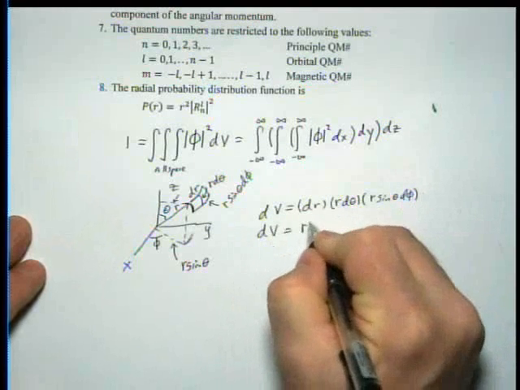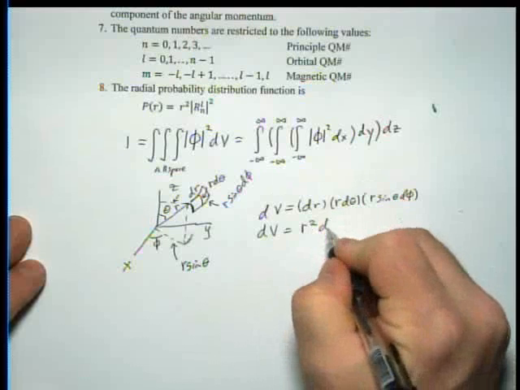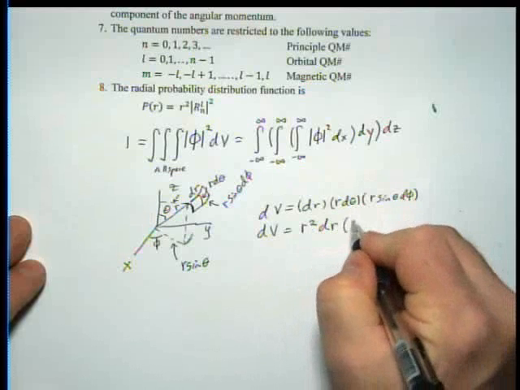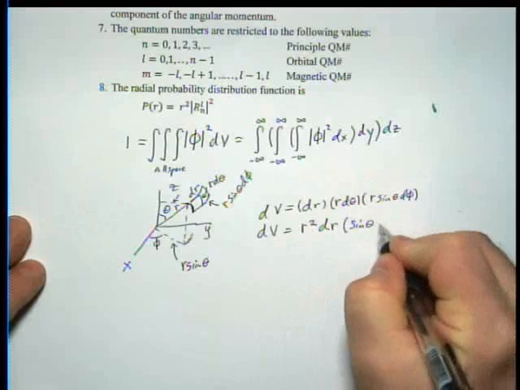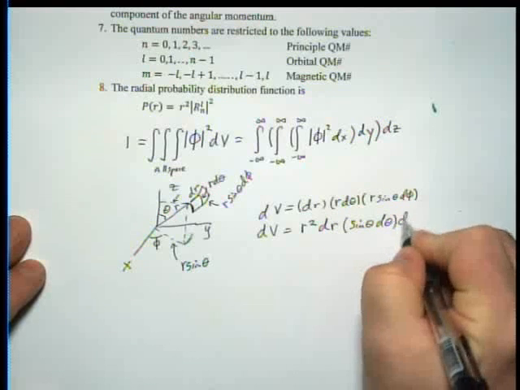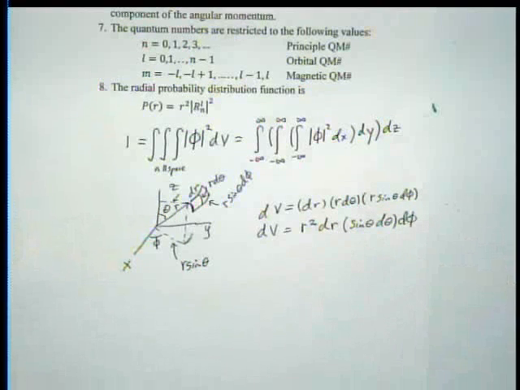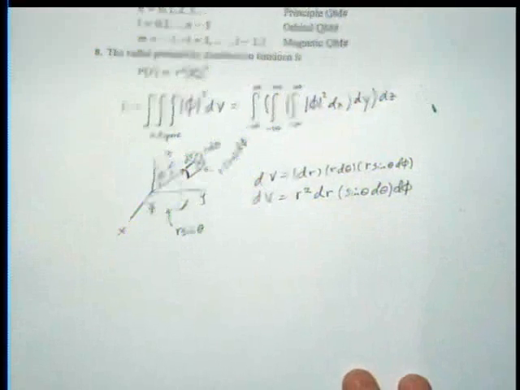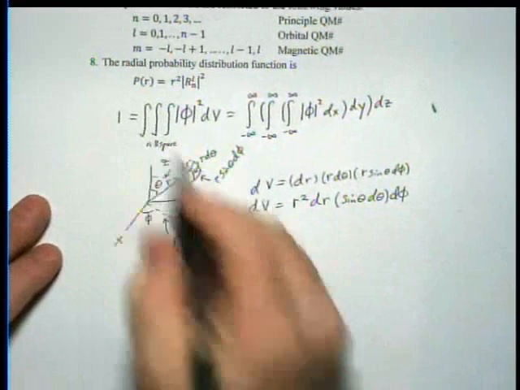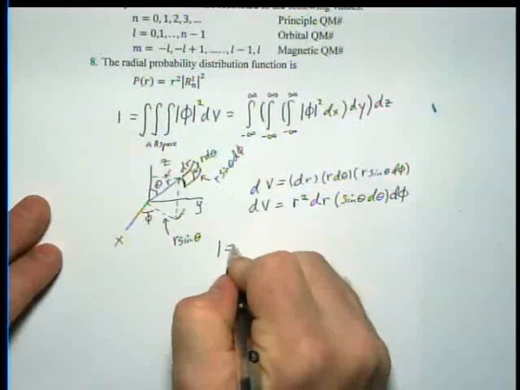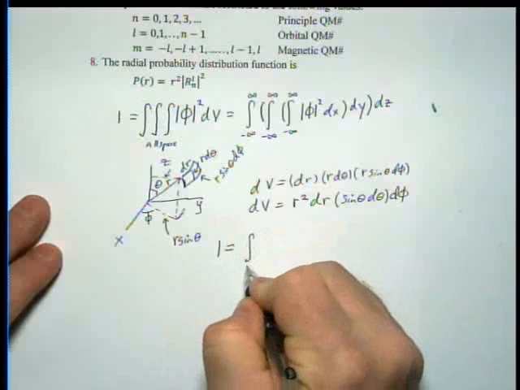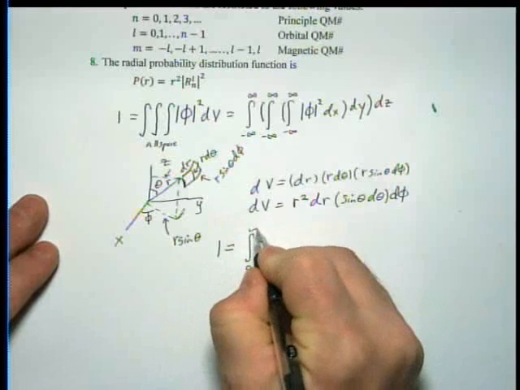So it's r squared dr sine theta d theta and a d phi. So let's put that back up in here. I got 1. Now I'm going to integrate r, and r goes from 0 to infinity.